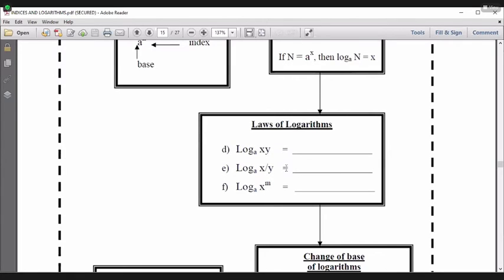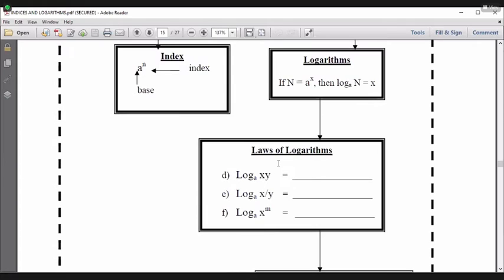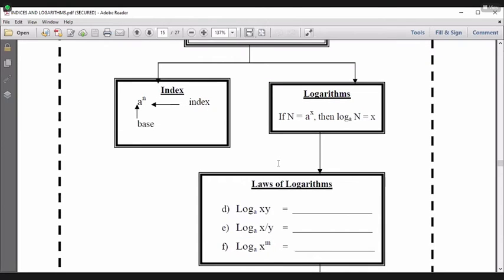We want to use the laws of logarithms. From here, they are giving us index form, log form, laws of logarithms. So I believe we can write them down without being asked. We have explained this, of course, using different letters.